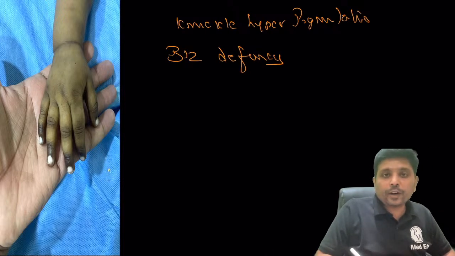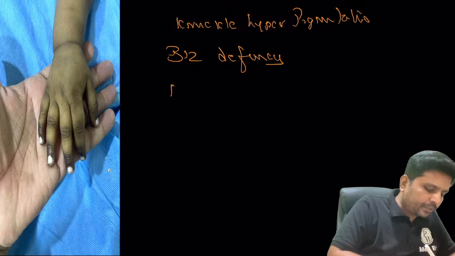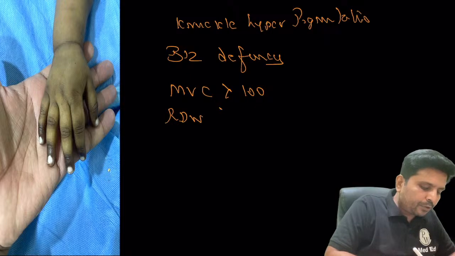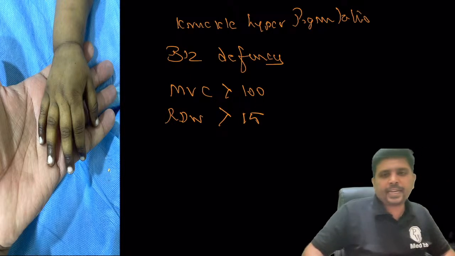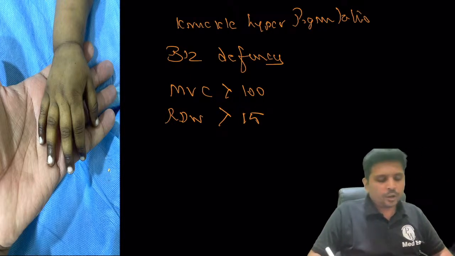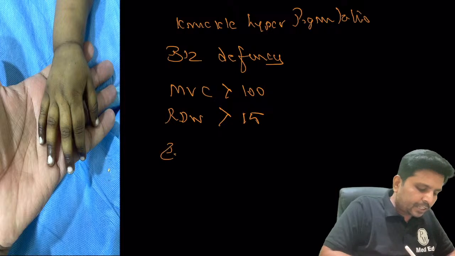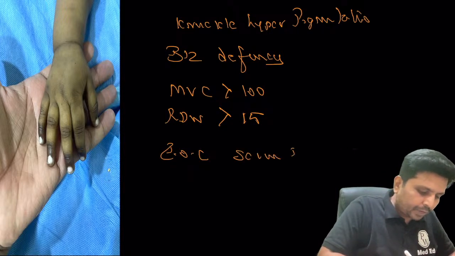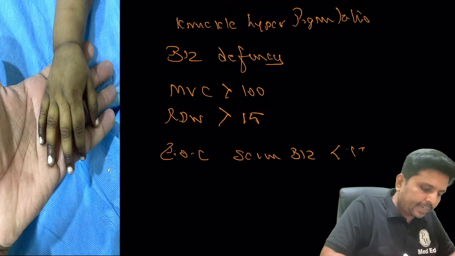What is the clue for B12 deficiency? MCV will be more than 100. RDW, red cell distribution width, more than 15. What is the investigation of choice? You can say serum B12 less than 170 picograms per ml.